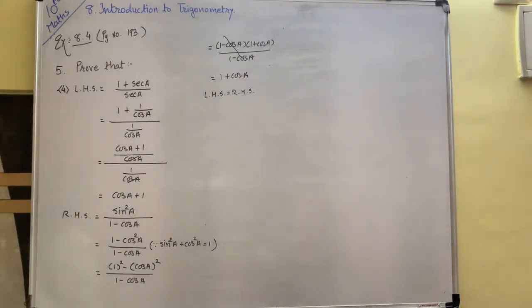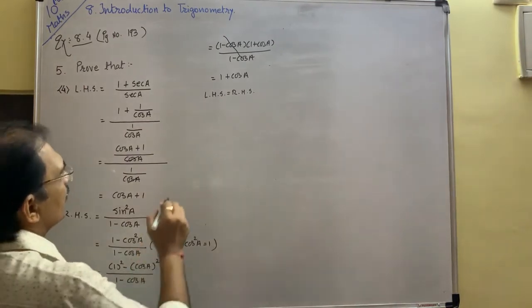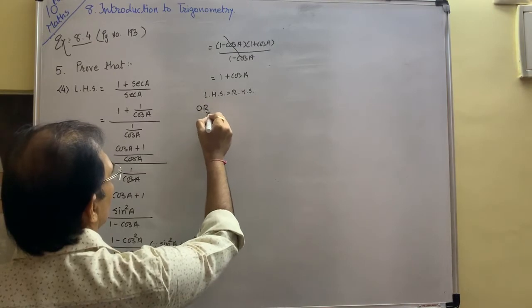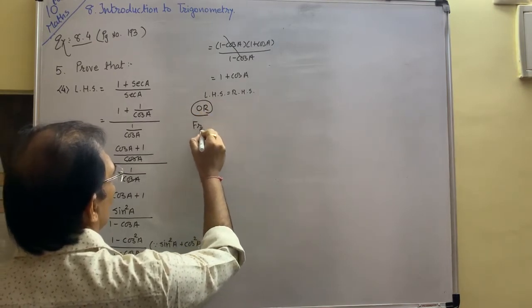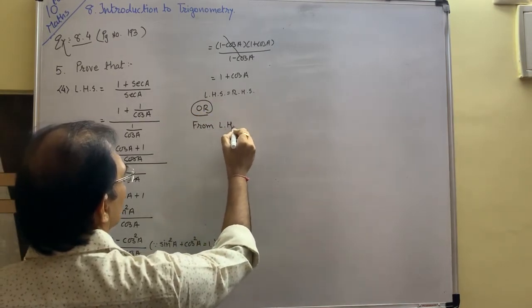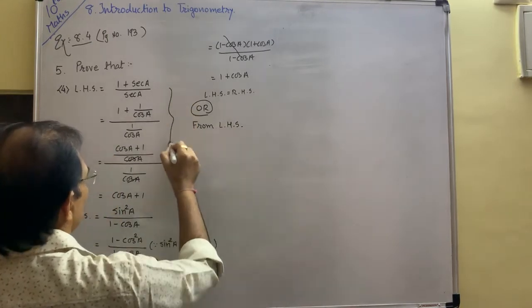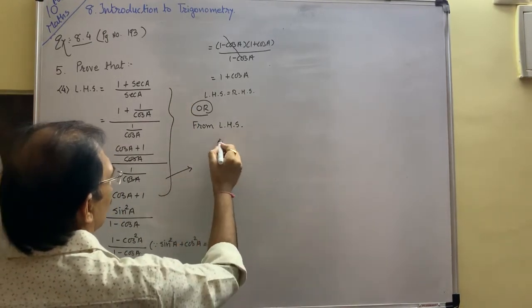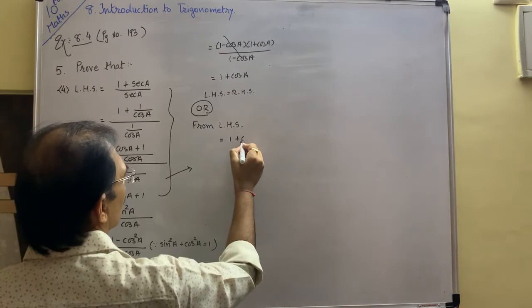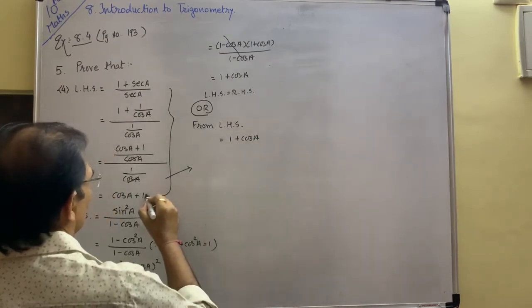Now suppose you don't want to simplify both, means LHS and RHS. Then there is another method, from LHS. This one remains common. We prove this is 1 plus cos A or cos A plus 1.